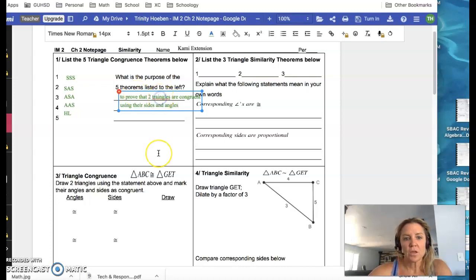Remember that each of the 2 triangles has 3 sides and 3 angles, so you're going to compare each of those.